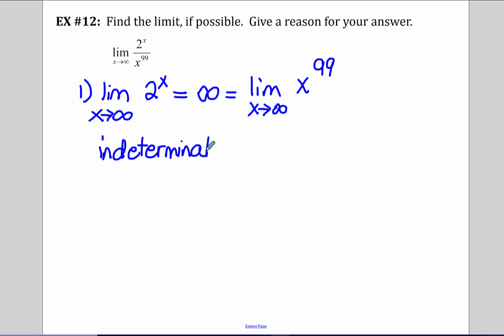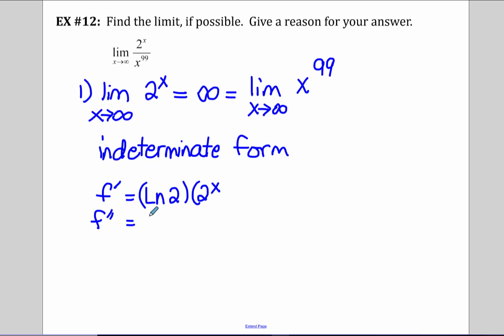But here's the issue. You would have to take, if we said, for example, that the numerator is f of x, the first derivative is going to be natural log of 2 times 2 to the x power, and the second derivative would be natural log of 2 squared times 2 to the x power.